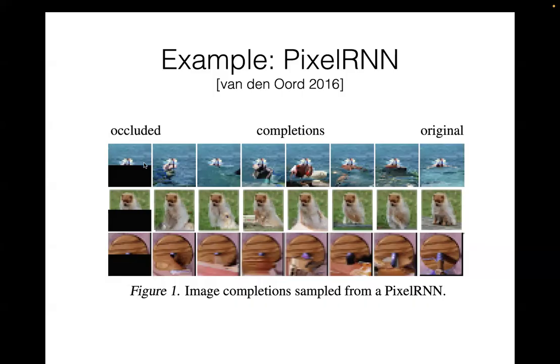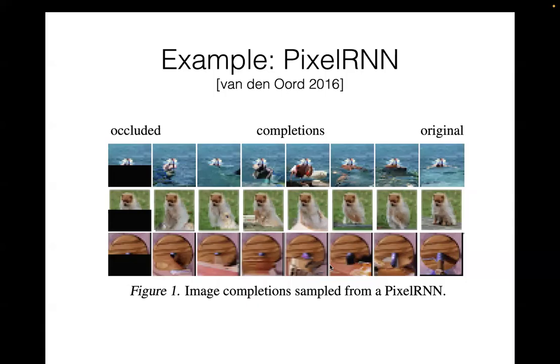Maybe the task is to complete the image and then somehow evaluate it. Here are some examples. The images are pretty small and maybe a bit blurry, but certainly it's learned something. It's not completely random and it has learned some structure of these images.